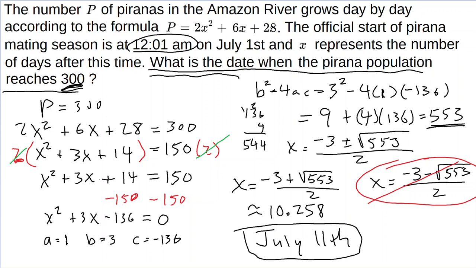If July 10th has passed, then we're into July 11th. We could get more specific if we work with the decimal number. We could compute the precise time that's predicted by this model, but we won't go that far. It's sometime early morning, it seems, on July 11th. All right, so that's the answer. I hope that helps out with your homework.